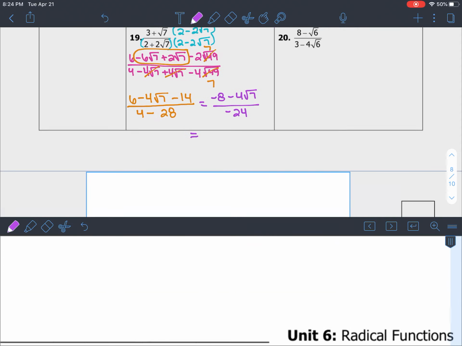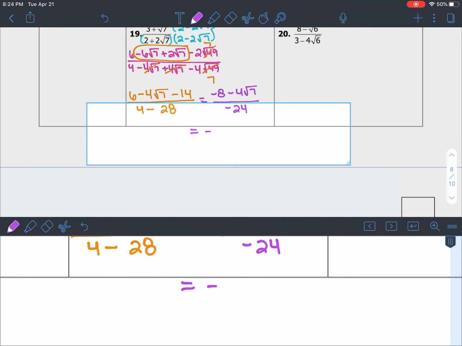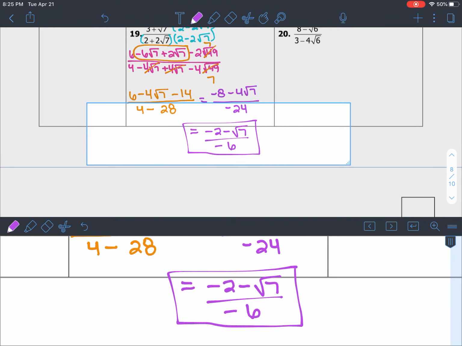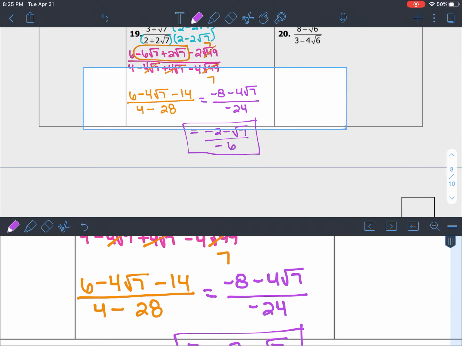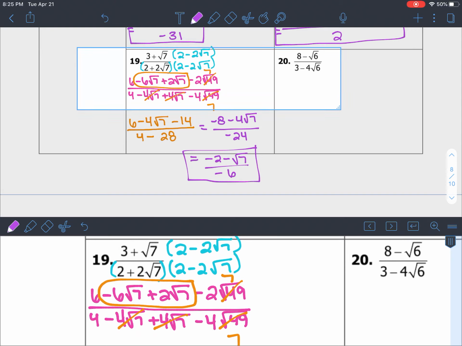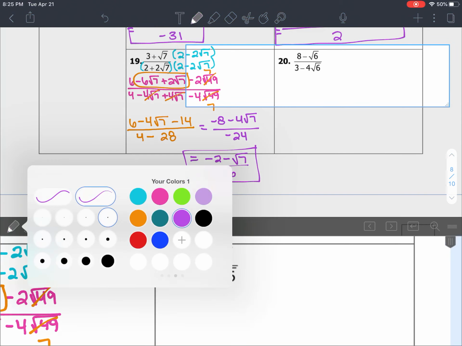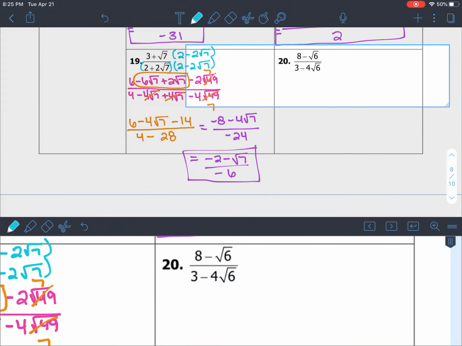So I could take a 4 out of everything, and I'll end up with negative 2 minus the square root of 7 all over negative 6. So it's just a lot of multiplication and simplification. We multiply, we simplify. Last one, and then you guys will have your own assignment to do.